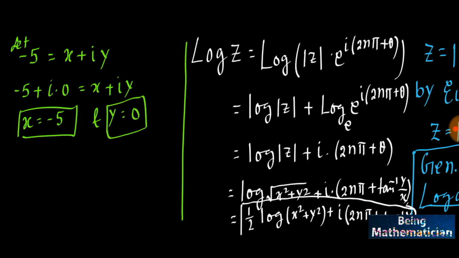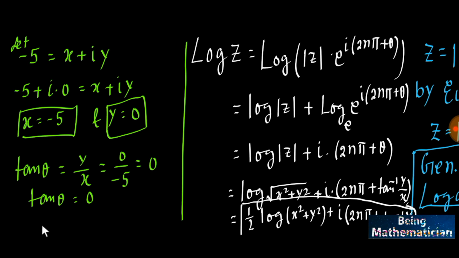That's why minus 5 looks like a real number, but really it is a complex number in this video. So tan theta is equal to y by x, and this is 0 by minus 5, that is 0. So tan theta equal to 0, and the principal value of theta must be pi, since x is negative.